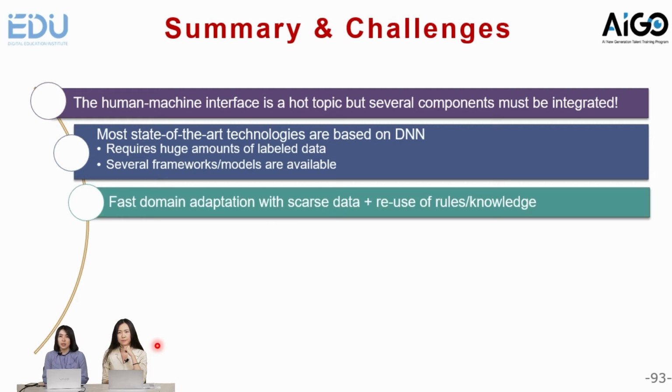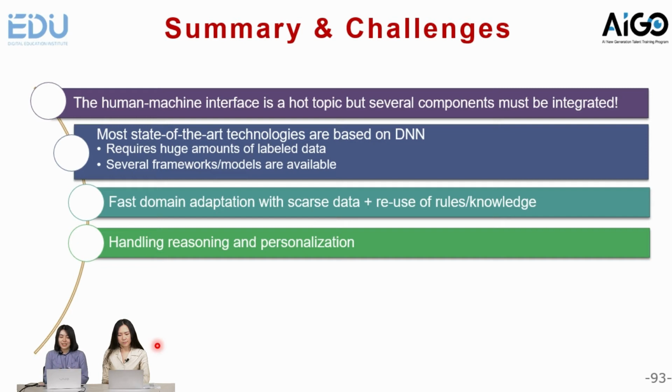And an important issue is to do domain adaptation with scarce data. Because sometimes if you want to move to a second domain, you don't want to redo everything. You just want to do additional things, and you can directly move your model to the second domain. So how to reuse the previous rules or previous knowledge is very important.